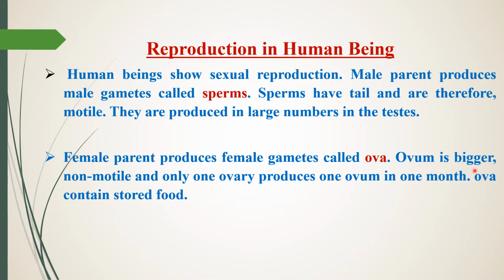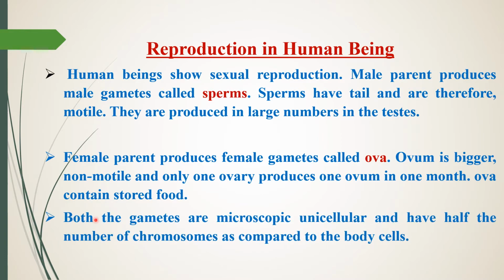Ovum is bigger, non-motile, and only one ovary produces one ovum in one month. Ova contain stored food while sperm do not store food. And both gametes are microscopic, unicellular, and have half the number of chromosomes as compared to the body cell.